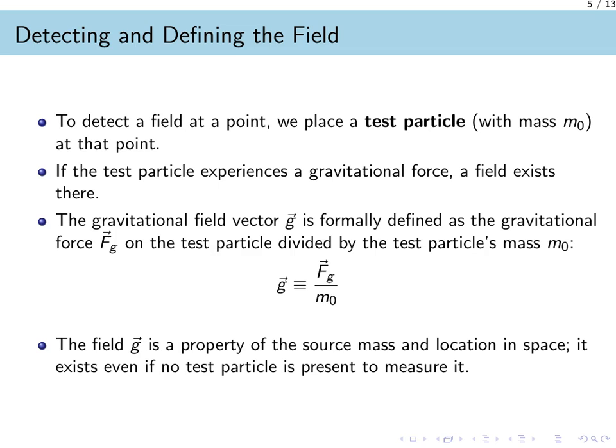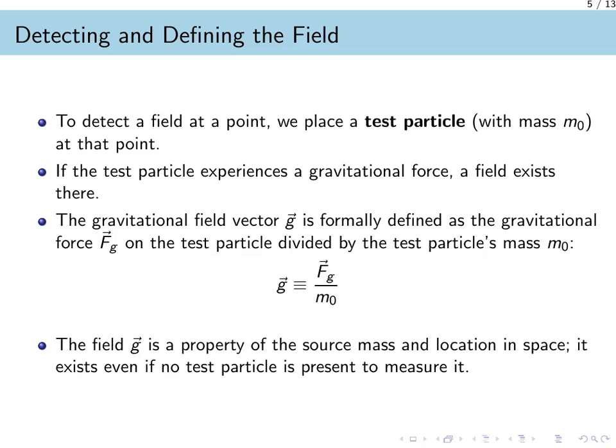If that test particle experiences a gravitational force, we have confirmed that a field exists at that point. This observation leads directly to the formal definition. The gravitational field vector, which we represent with the letter g, is defined as the gravitational force vector, F sub g, that acts on the test particle, divided by the mass of that test particle, m0.